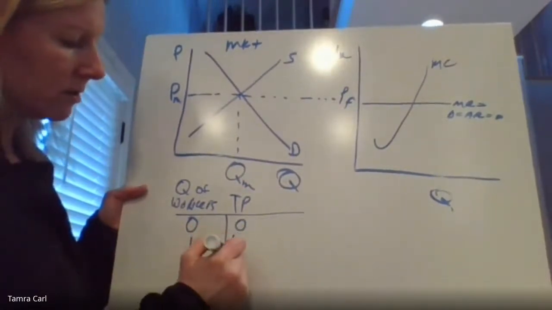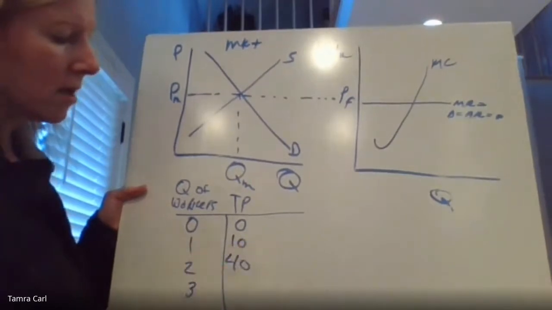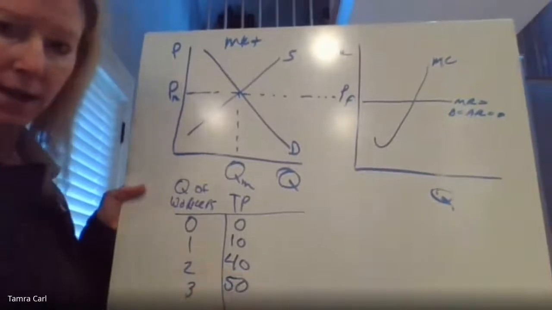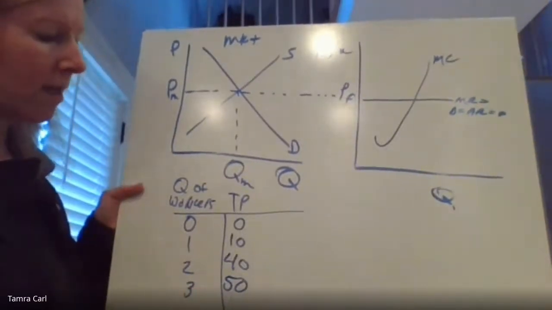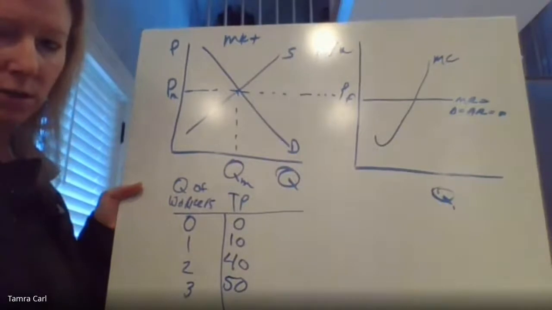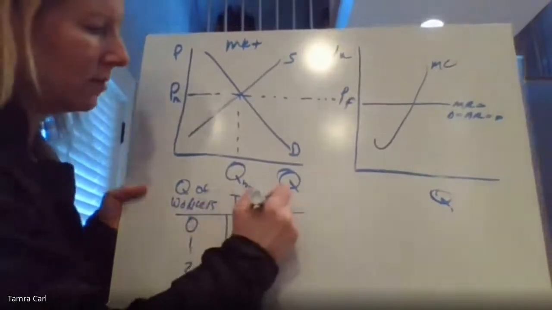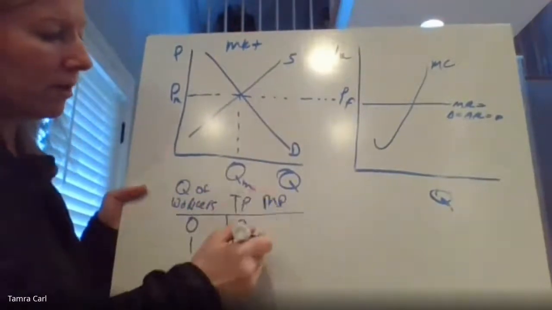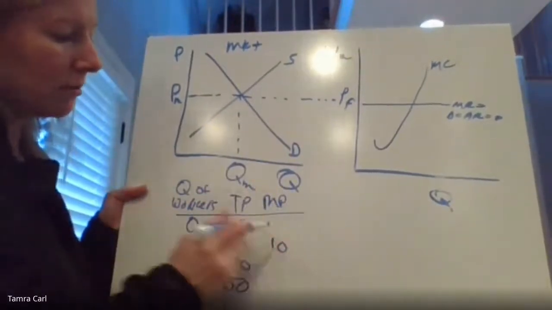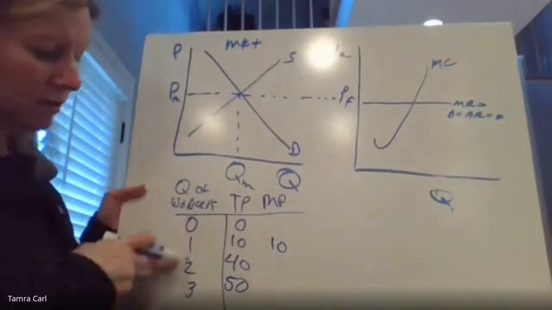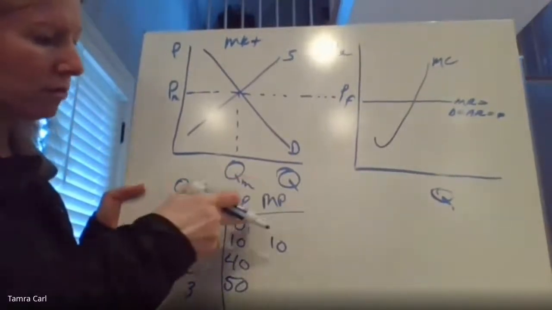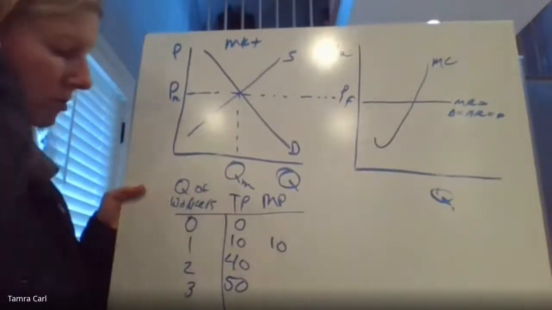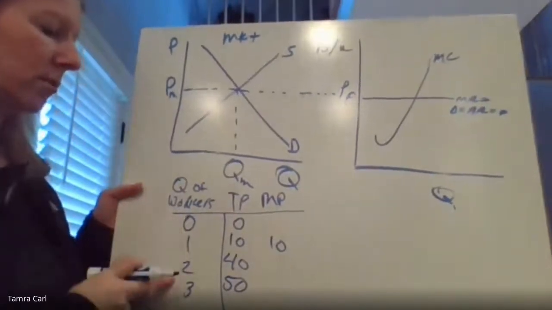The next one is going to be at 40. And then I have 50 for the third worker. If I'm looking at where diminishing returns sets in, I have to look at my marginal product, that marginal output, because I'm looking at the change in total product. If these were increments of 2, my marginal product would have to be divided by 2. So just make sure that these are in increments of 1.